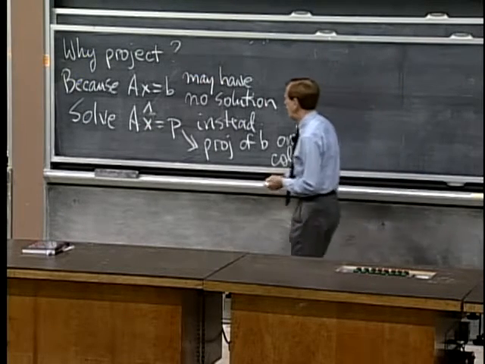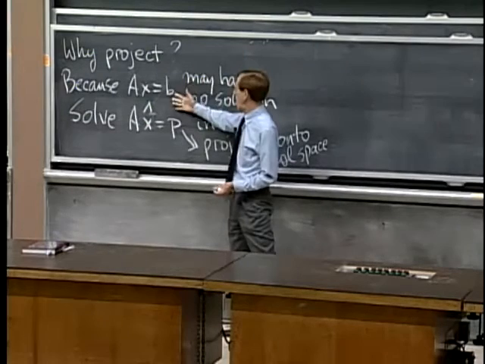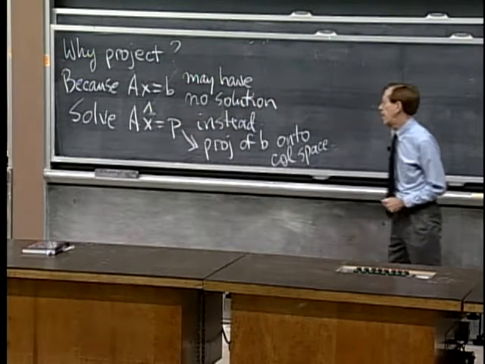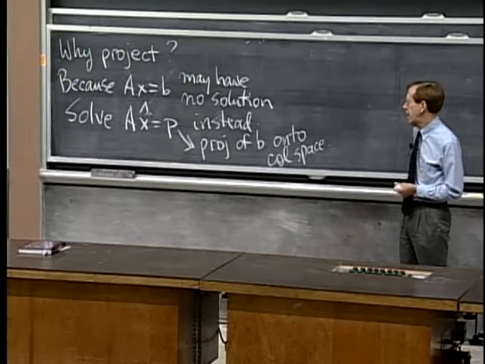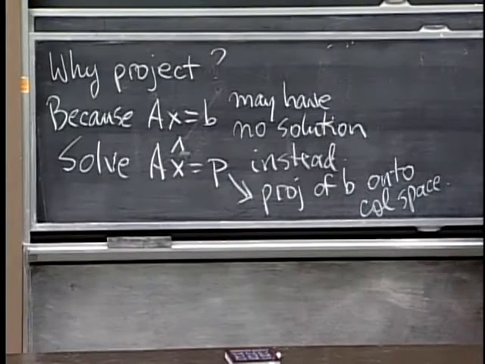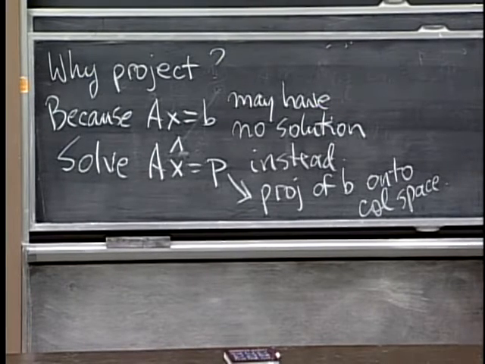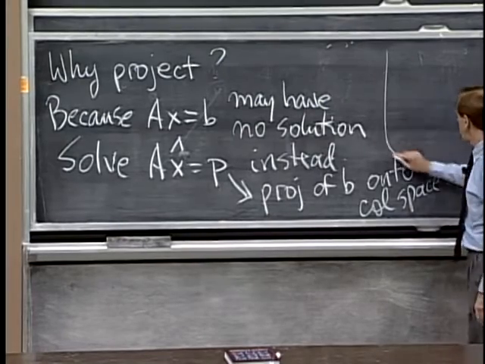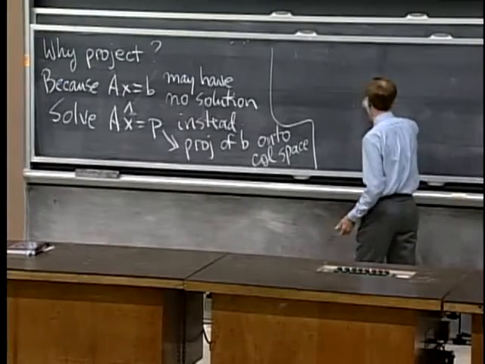So I must be able to figure out what's the good projection there. What's the good right-hand side that is in the column space, that's as close as possible to b, and then I know what to do. Okay, so now I've got that problem.